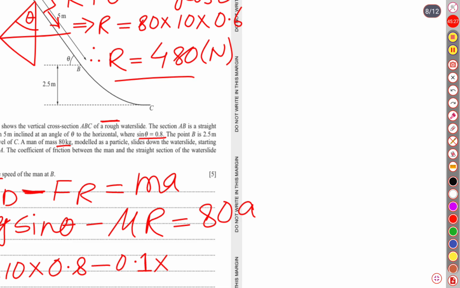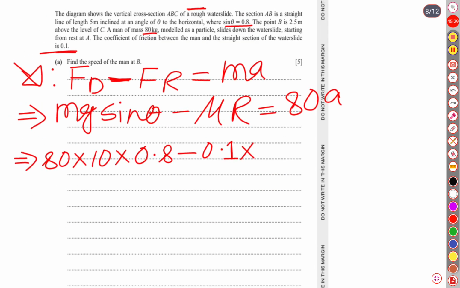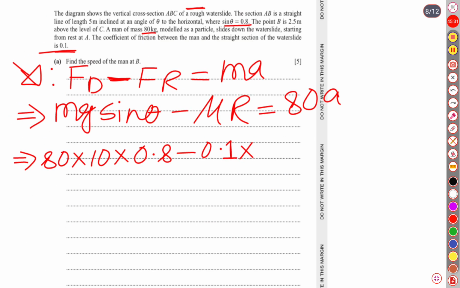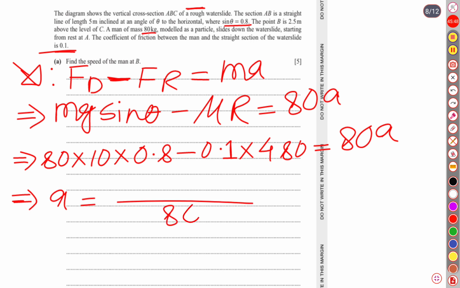480 Newton is our normal reaction. So let us multiply by 480. 480 is equal to 80 into acceleration. Now if we isolate our a, 80 will be the denominator, and here from 800 it's 640.